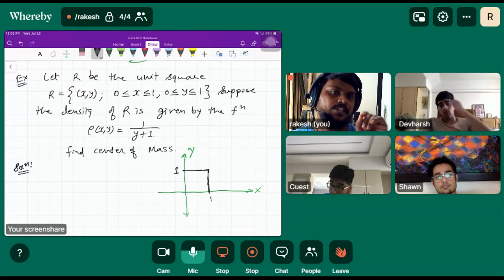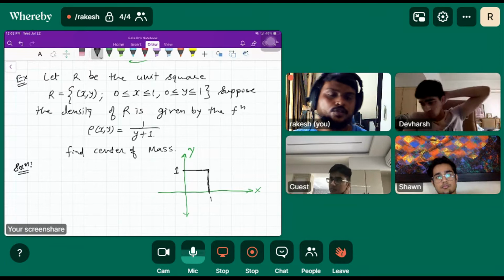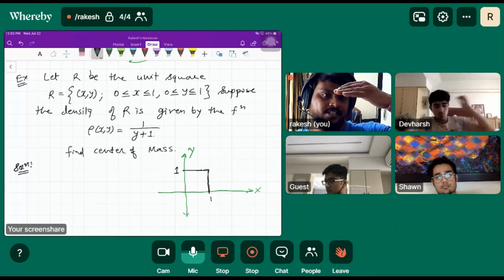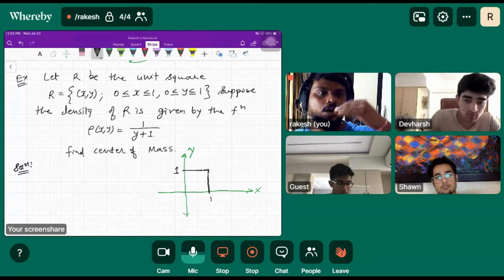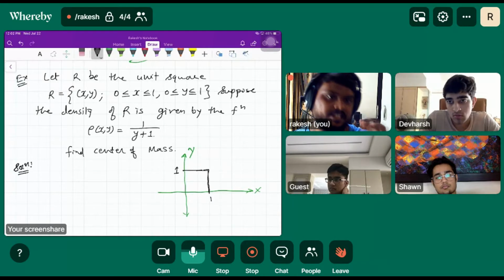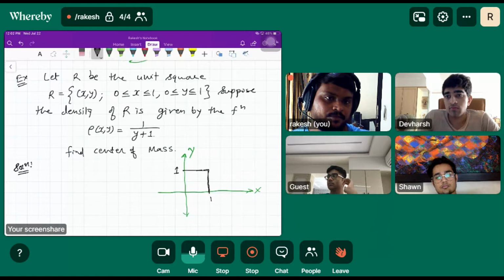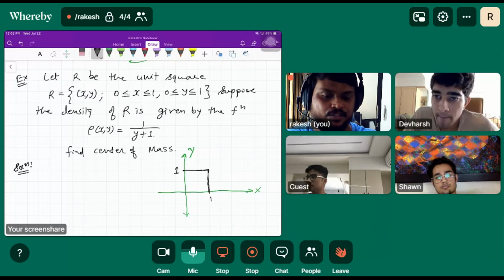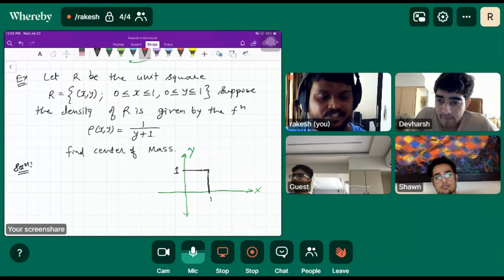So if you go away from the x-axis, your mass density function is decreasing, because your y value increases in the region.